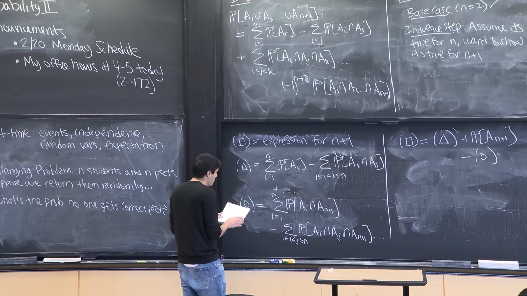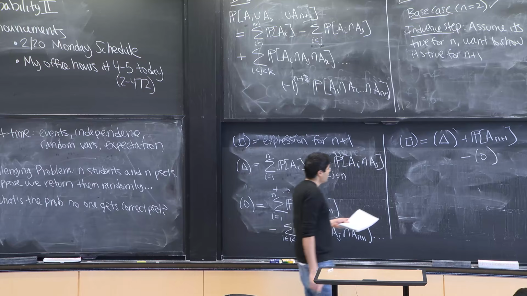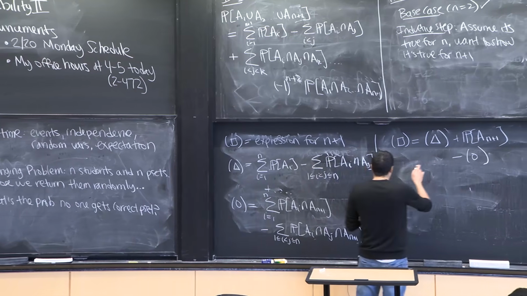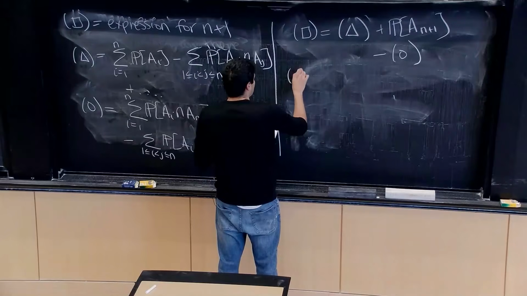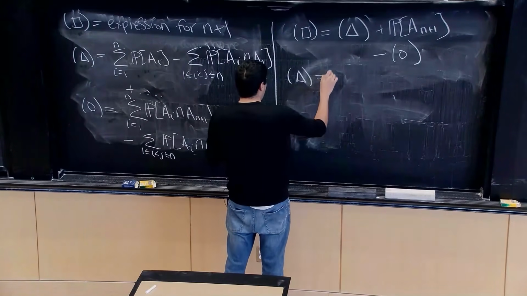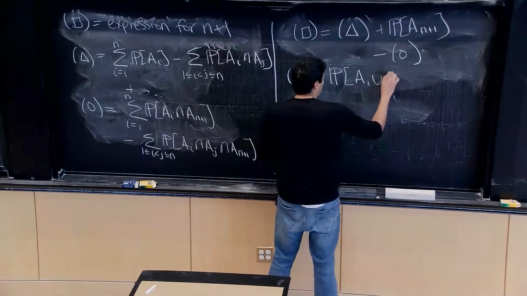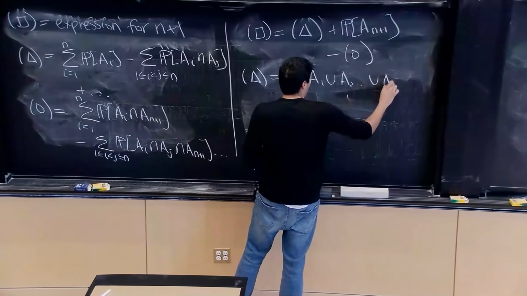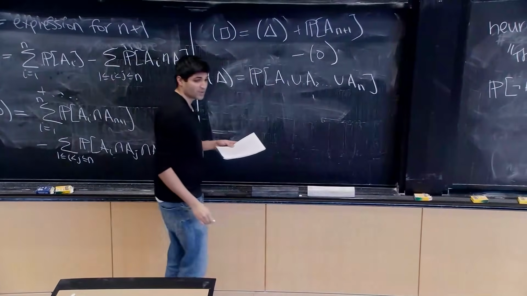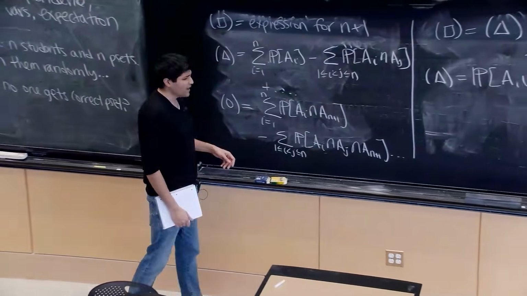So I need one more slightly clever thing. What I'm going to do is interpret each of these expressions. First of all, the triangle, I claim, is equal to the probability of A_1 union A_2 all the way up to A_n. Not A_{n+1}, but A_n. Why is that true?